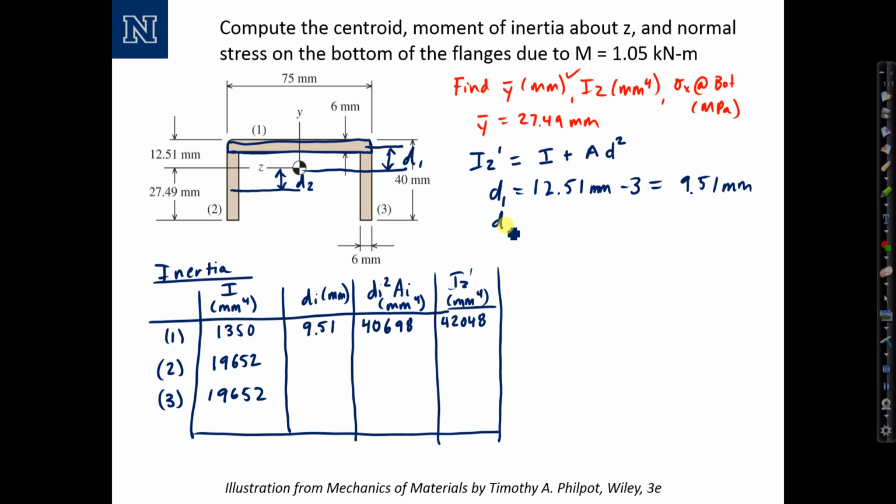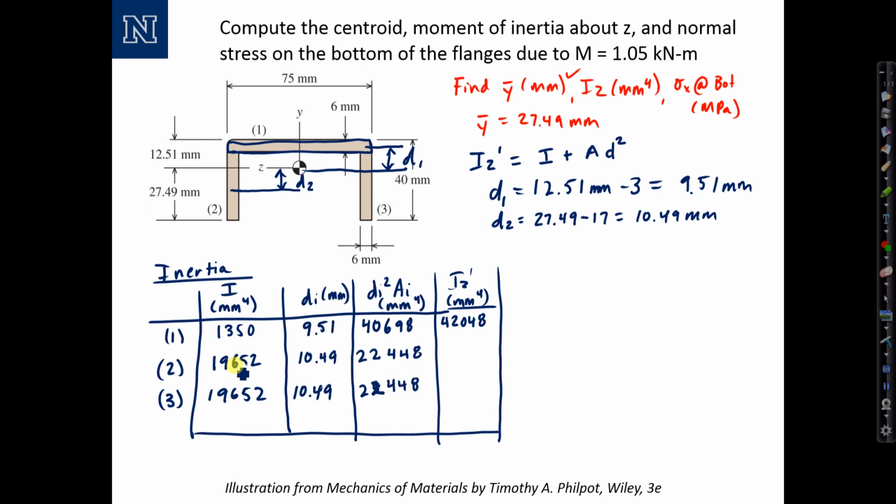And we can calculate d2 as the overall centroidal distance, 27.49, minus half the height of that section, which is 17, and that leads to 10.49 millimeters. d sub i squared times A sub i is going to be 10.49 squared times the area of section 2, which was 204, and that leads to 22,448. Same for both sections 2 and 3.